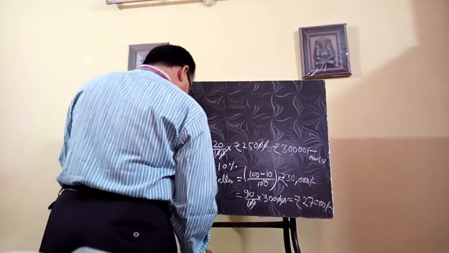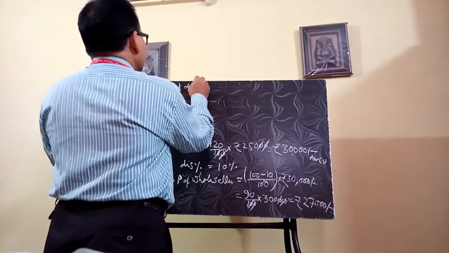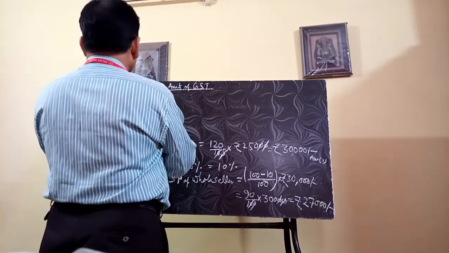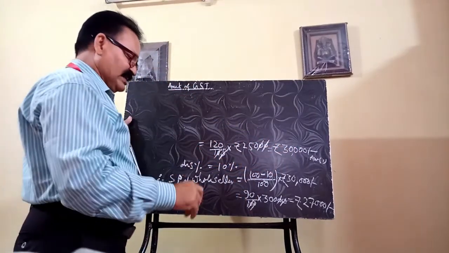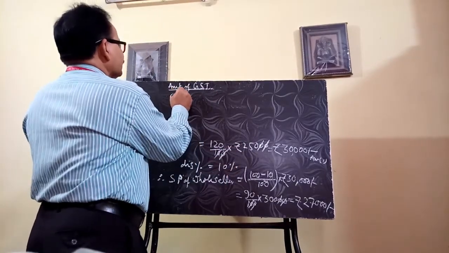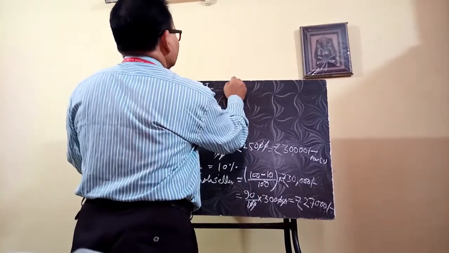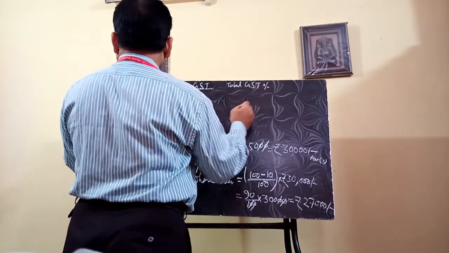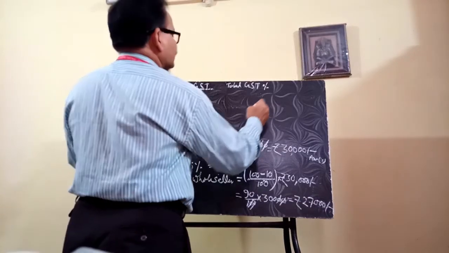In this case, you have to see the amount of GST. The first part is the CGST charged by the wholesaler while selling. In the question, the total GST percent is 18%.